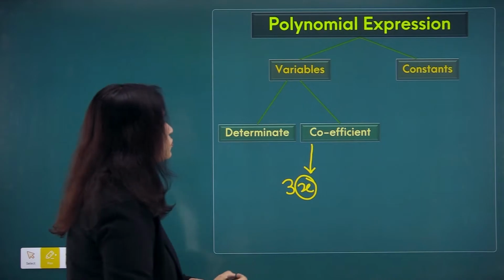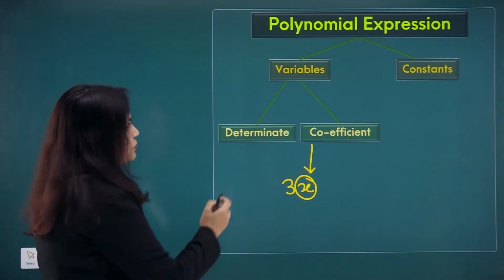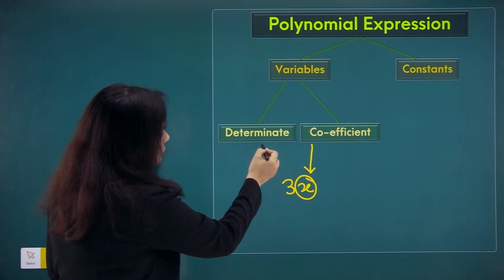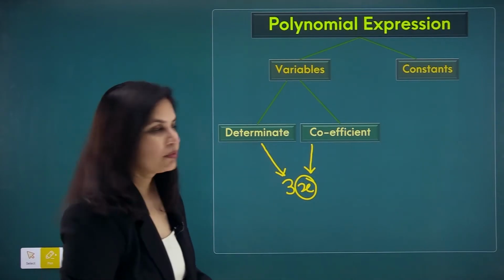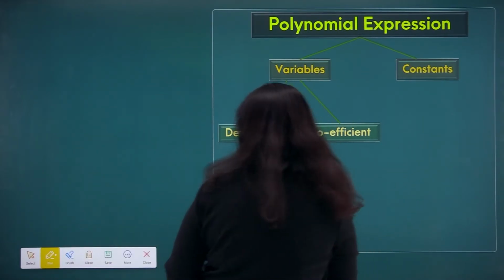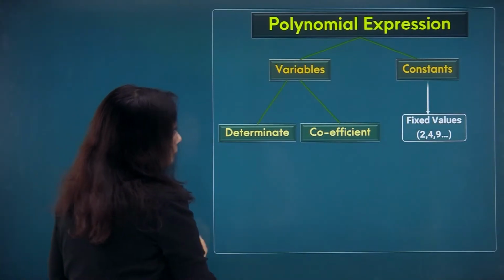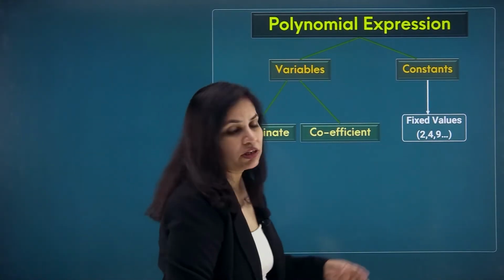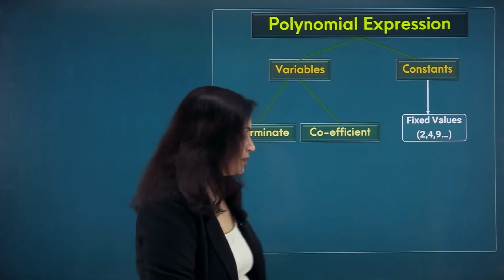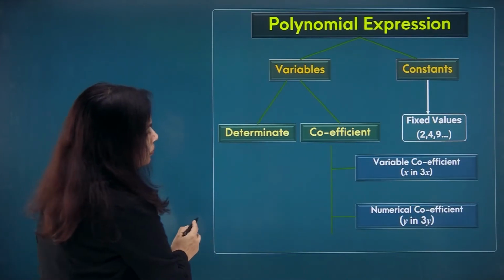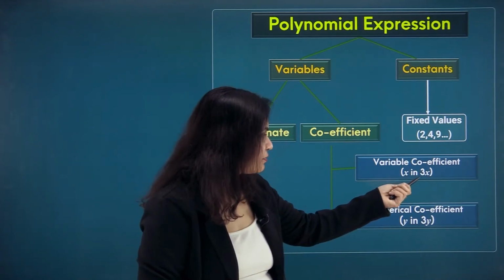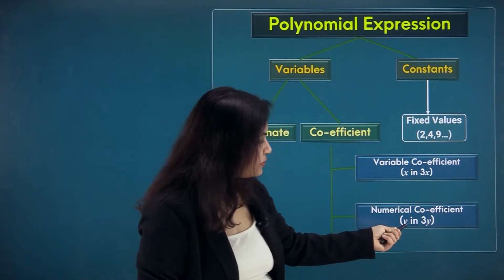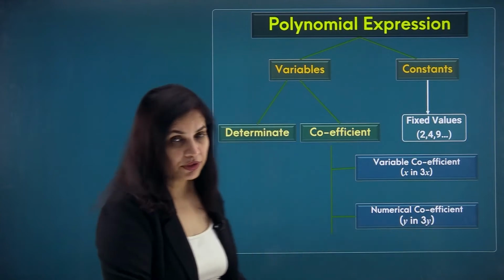It is also a determinant and coefficient. So, a variable term will consist of a determinant and a coefficient, and constant values, fixed values like 2, 4 and 9 and so on. We may have a variable coefficient x in 3x and a numerical coefficient as y in 3y.